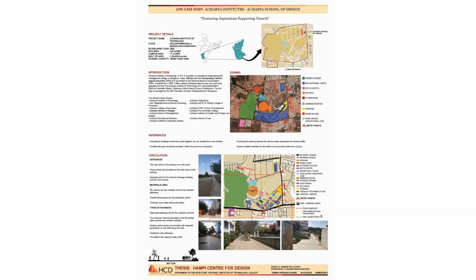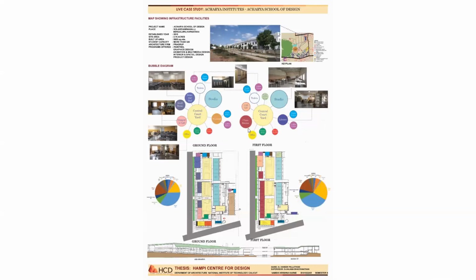And here we can see the circulations. In this Acharya Institute, one of the main schools is the Acharya School of Design. In this school, the main spaces are surrounded around a central courtyard. That's the main takeaway.